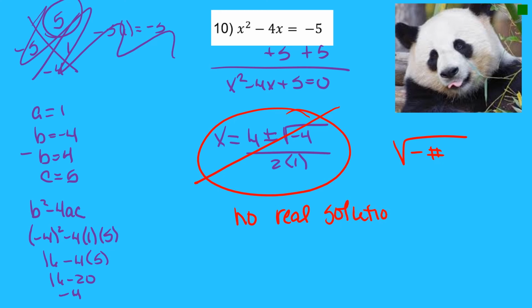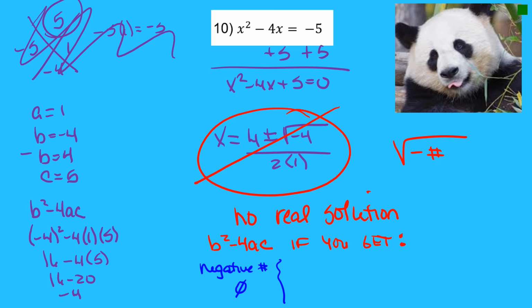Okay. Now I'm going to do a little recap here. I'd like you to write this down. Those of you that watch these videos are going to have a huge advantage. Here's the deal. When you do b squared minus 4ac, if you get a negative number, your answer will always be no solution.